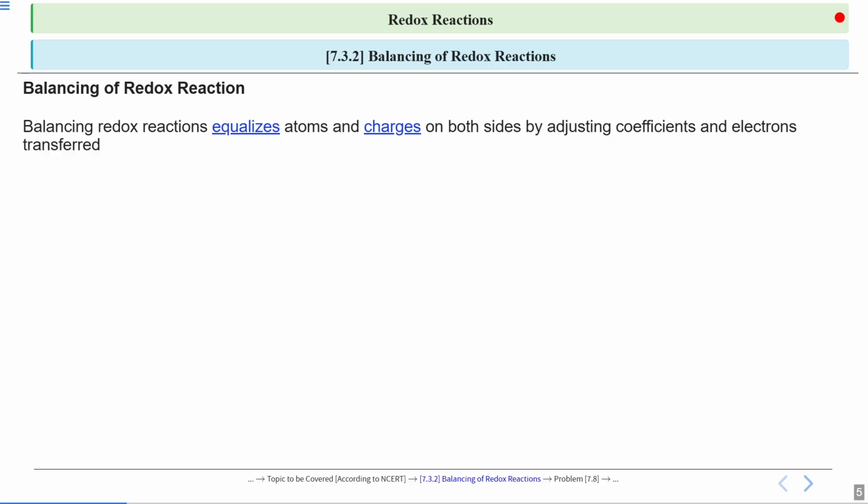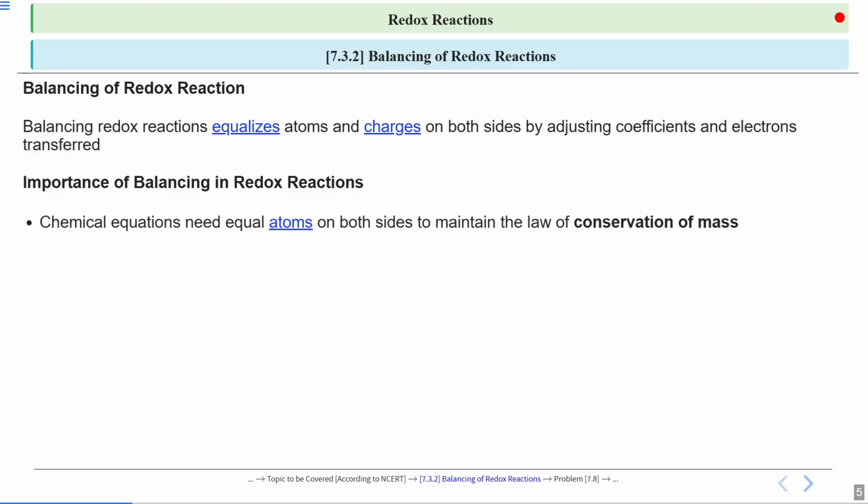This is a crucial step in ensuring the equation accurately represents the chemical reaction, as it adheres to the law of conservation of mass.